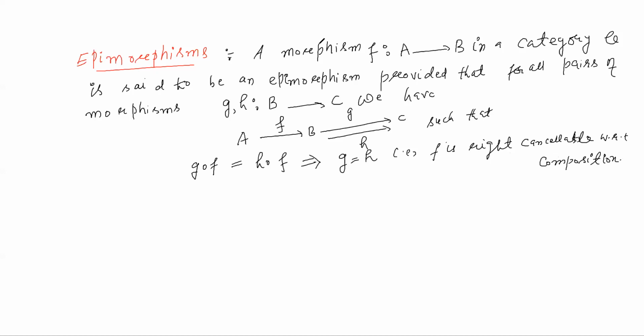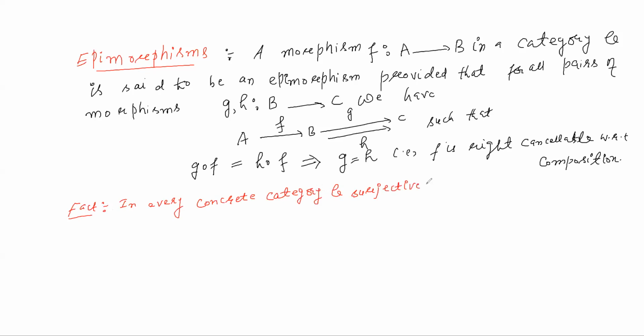So a fact that you can see here is, in every concrete category C, surjective morphisms are always epimorphisms.